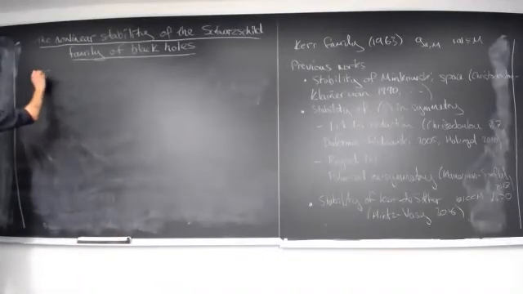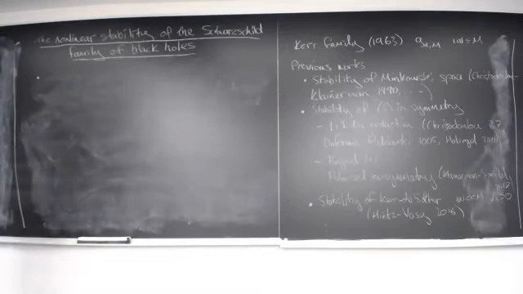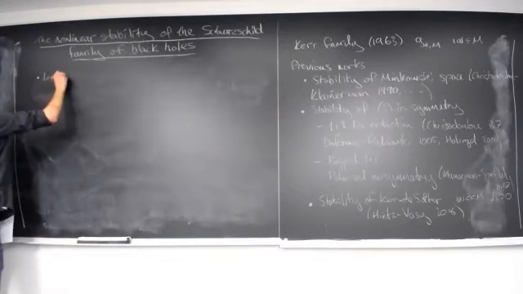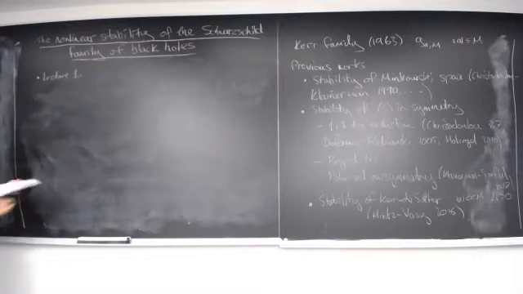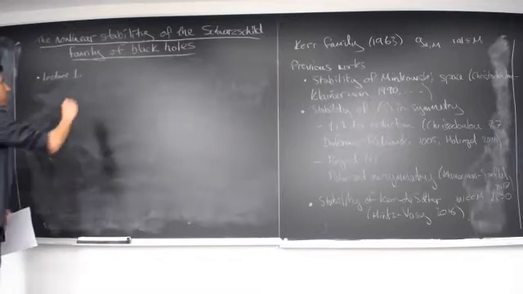I have the following brief plan, which I currently intend to stick to, but we'll see how time permits. So today, I'd like to talk about the linear wave equation on a fixed Schwarzschild background.